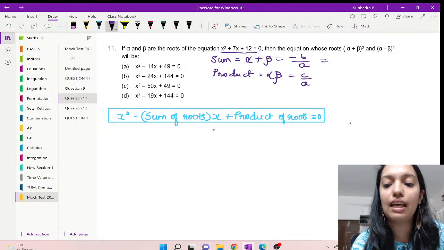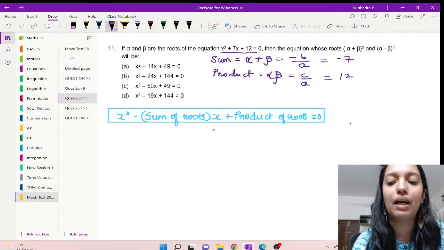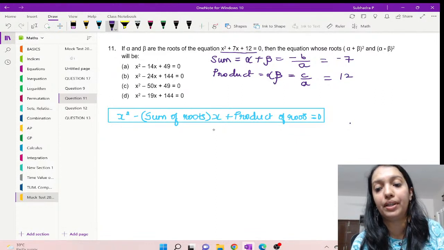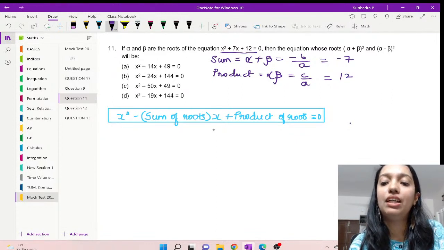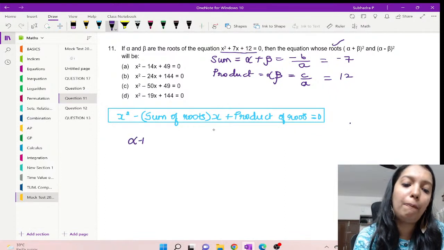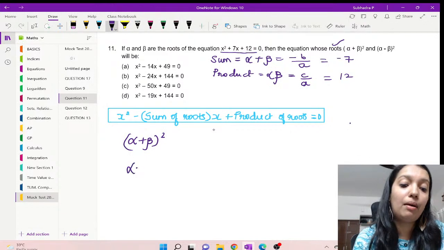So in this case, I will get minus 7. And in this case, I will get 12 divided by 1, that is 12. I got the alpha plus beta and alpha beta values. Remember that. Now, what have they given as the roots? Alpha plus beta whole square and alpha minus beta whole square. These two are the roots.